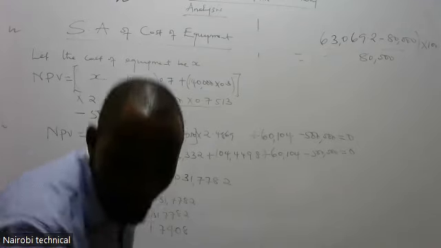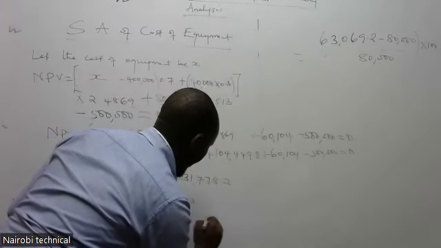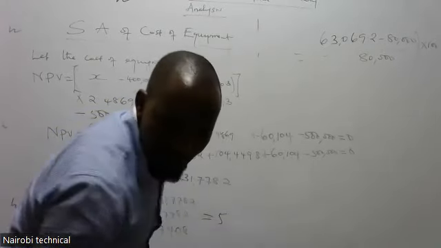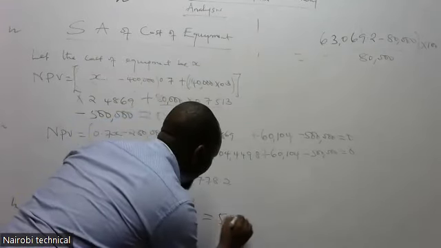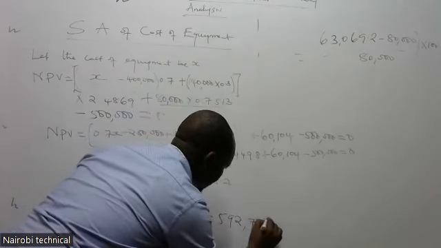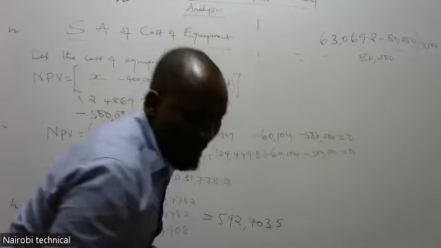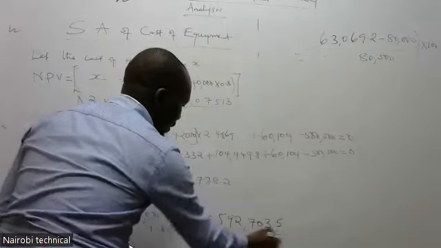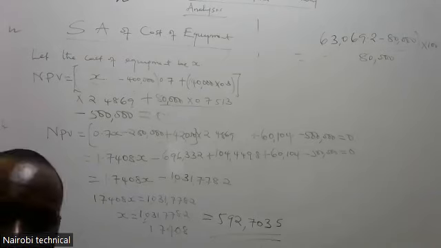So the answer is 5, 9, 592,703.5. So yes, that is okay. That is correct.